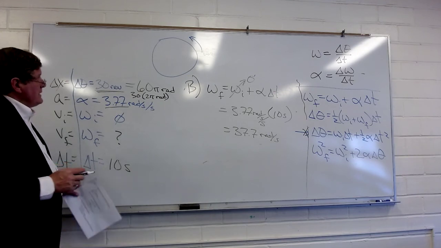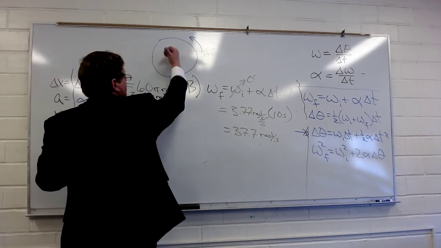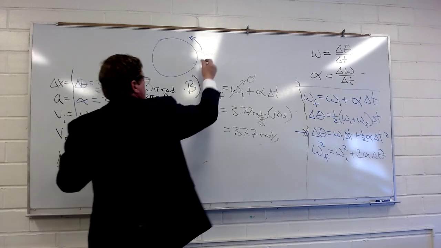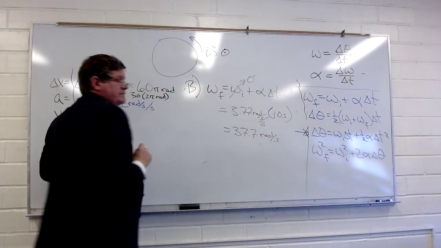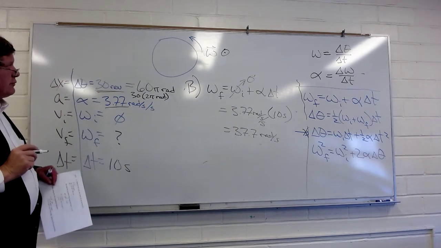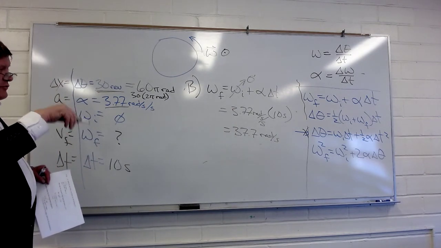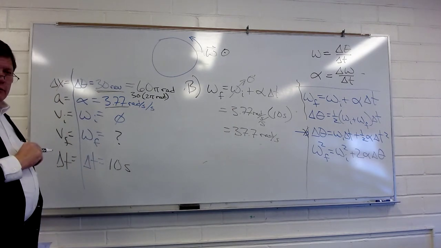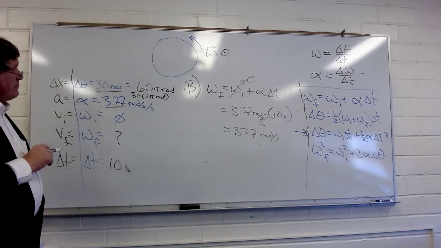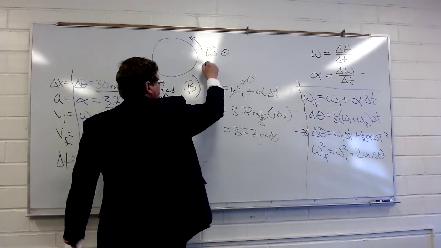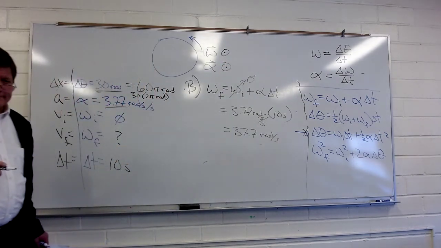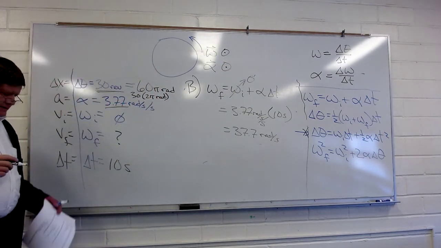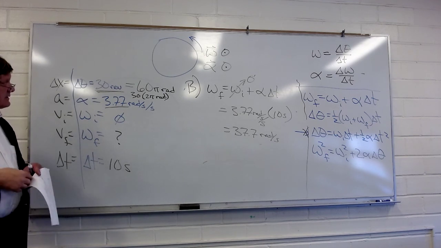Now, because this thing is rotating counterclockwise, the omega is going to be out of the board by right-hand rule. And because it's speeding up, you can't slow down from rest, I know that my alpha vector is in the same direction as my omega vector. And we discussed that in class.